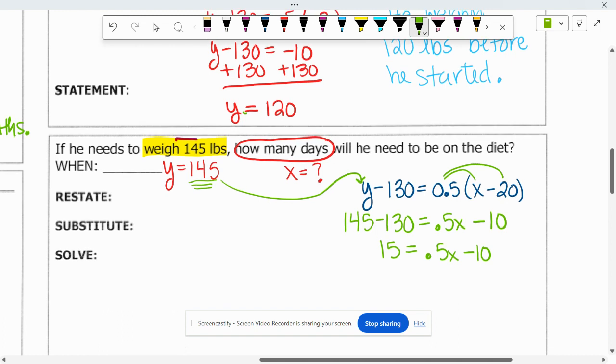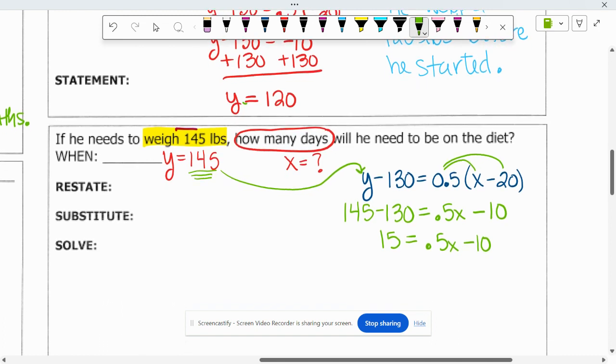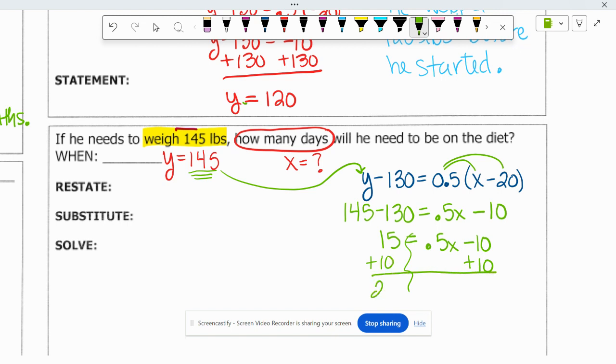Christian, what do you want to do to get x all by itself? What's on the same side of the equal sign as the x term? What do I have to move away? Yeah, I have to add 10 to both sides. So 25 equals 0.5x.